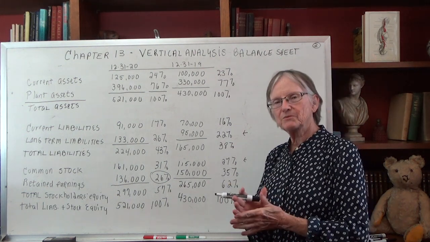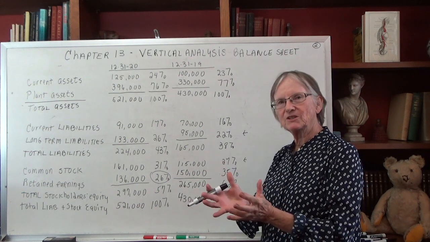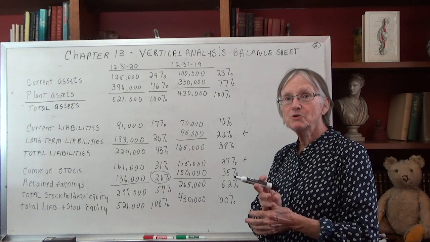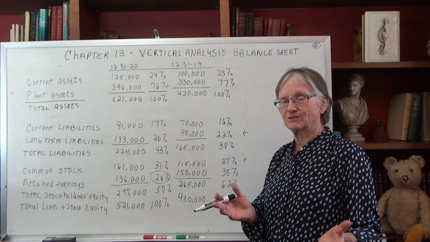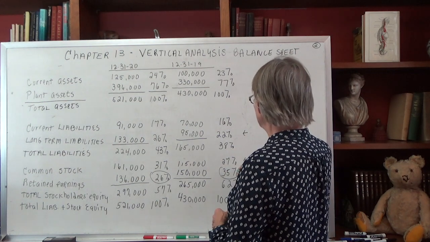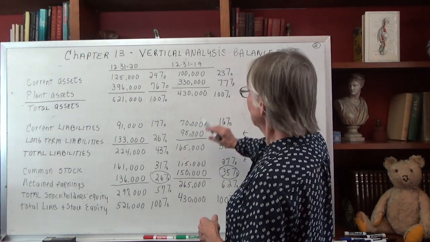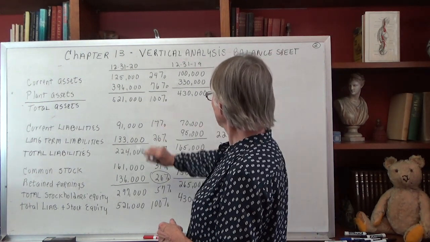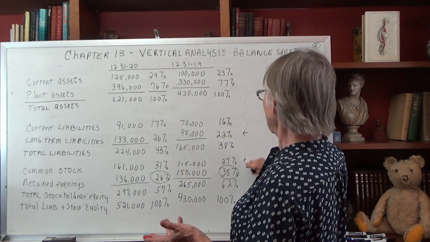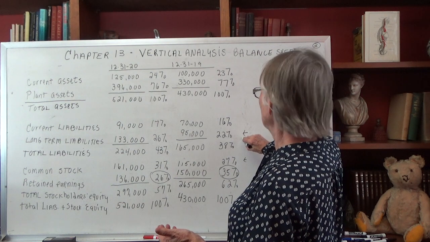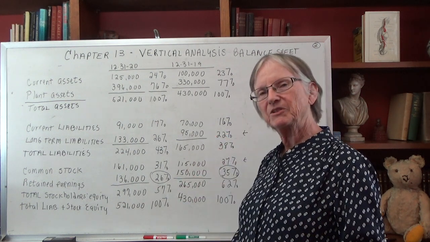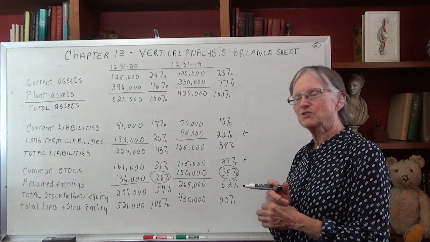Because if you remember the retained earnings, that could be we're not making enough, we made less net income, or maybe we just paid out an enormous amount of dividends. But when you see this going from 35% of your total assets to 26% of your total assets, taking on a little more stock, taking on a little bit more long-term liabilities, a few more short-term liabilities, definitely raises questions.